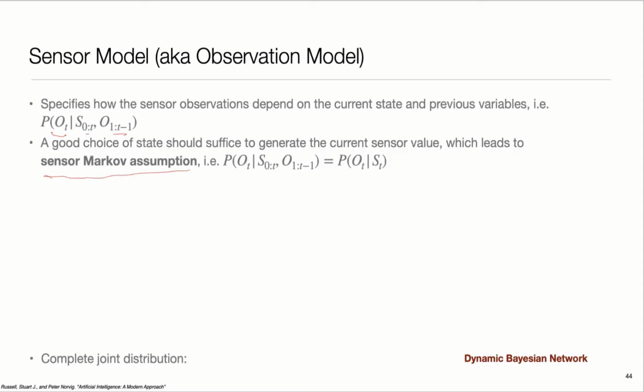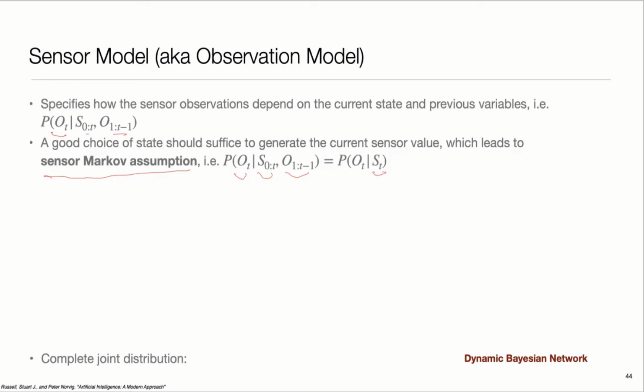Remember, the previous Markov assumption was about the states. Here it is about the sensor. We are saying that O_t, given the history of state and the history of observations, depends only on the current state.